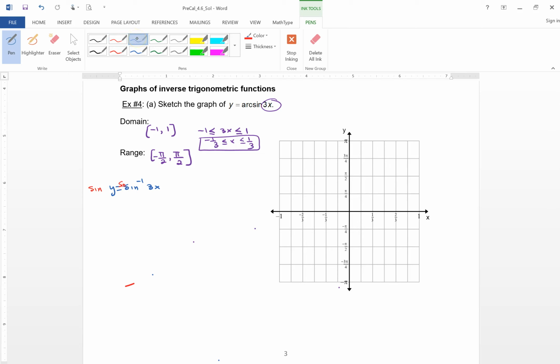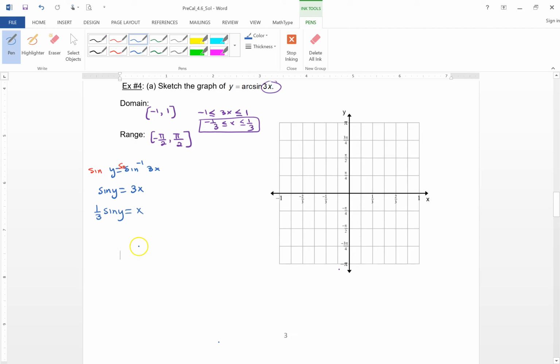Sine of y equals, what's sine of inverse sine of something? Just something, 3x. Now we're going to solve for x. So now 1 over 3 sine of y is equal to x.